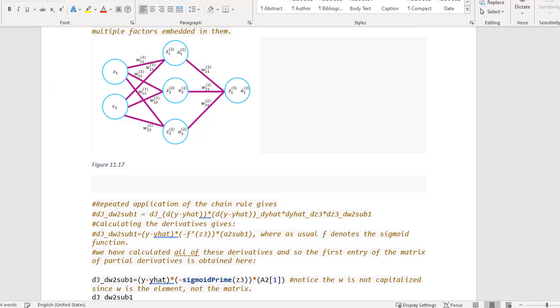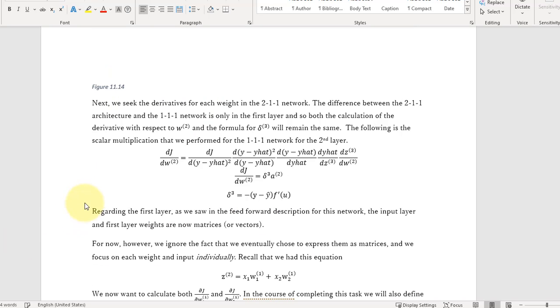So the derivative will basically be the same thing as we had in either the 1, 1, 1 network or in the 2, 1, 1 network. So let's go back and check what that was for the weight at this level, the W sub 2 level.